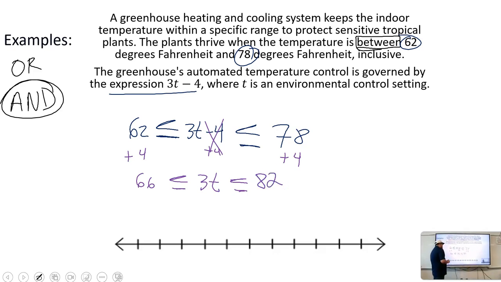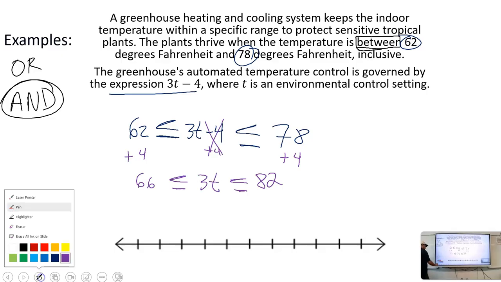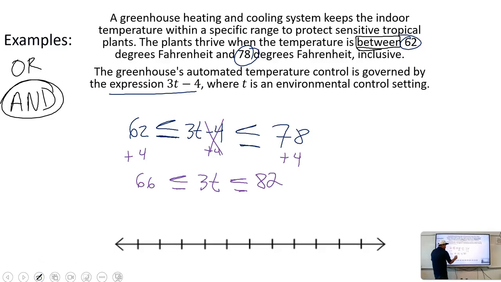Now at this point, we're going to finish it off by dividing all 3 sides by 3. So 66 divided by 3 gives me a 22.